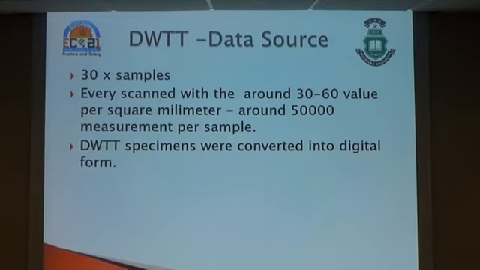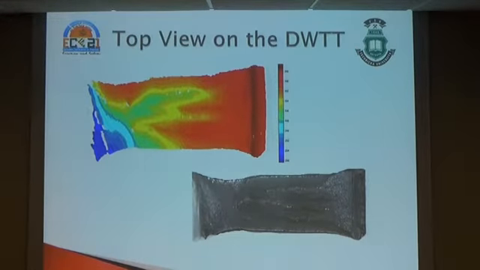Every value was an X, Y, Z value. In this way looks the top view of the scanned specimen. So you can see that there is really a problem to see anything about the fracture. I think the main reason is that the magnitude is not sufficient, and the scan is loaded with some kind of error. But we will show that it's possible to proceed and in some way identify the fracture.